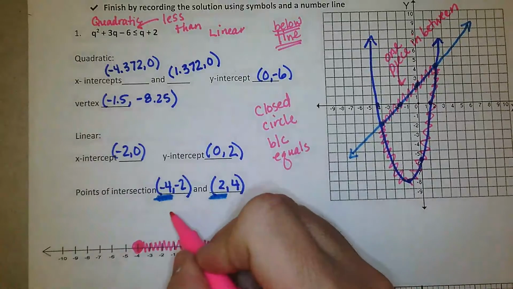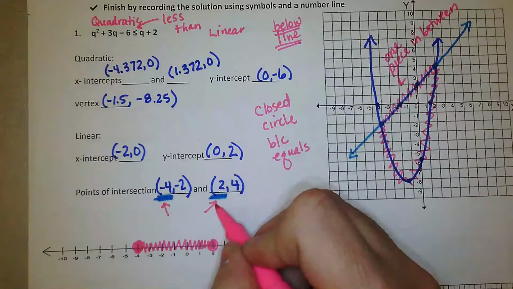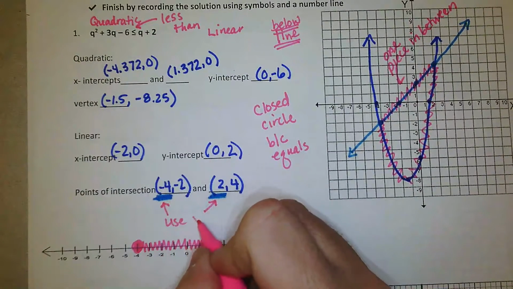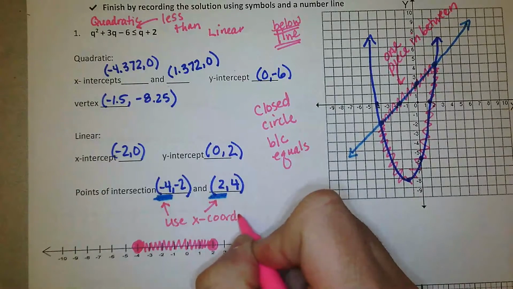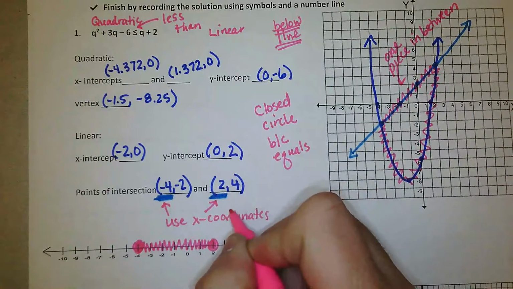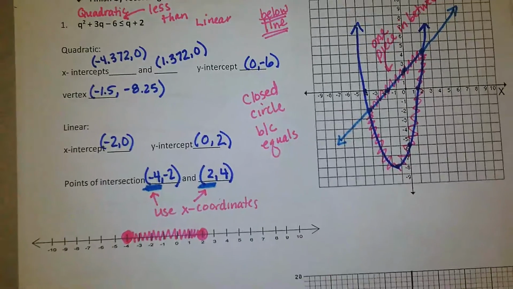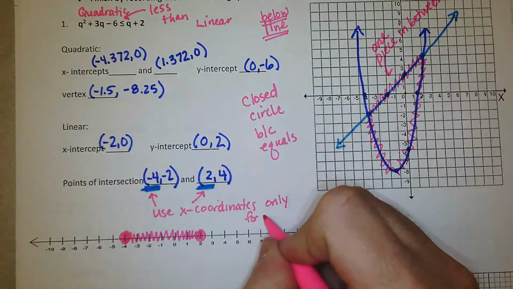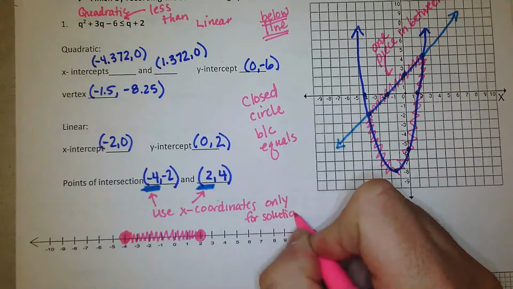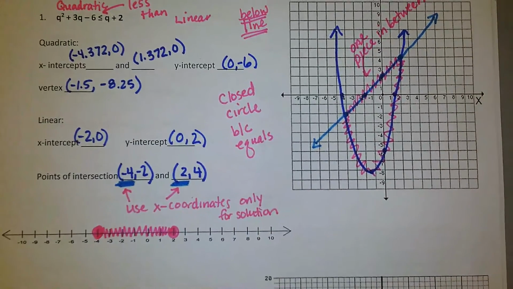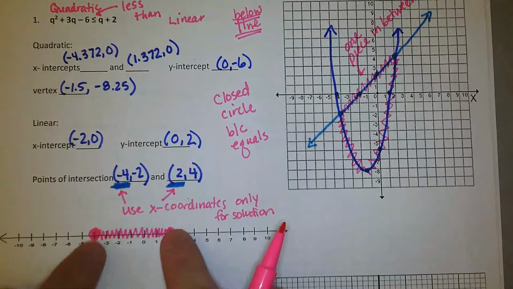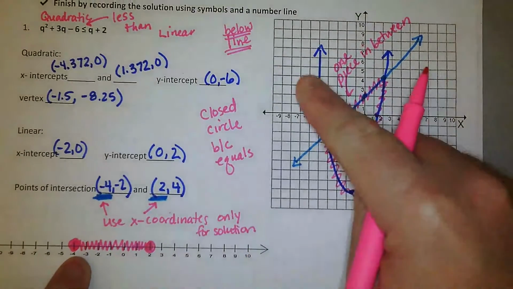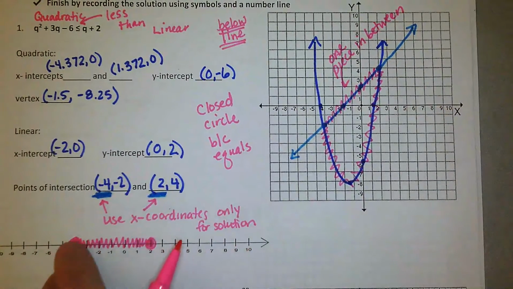Again, we're only using the x coordinates of our points of intersection. Now, once we have this, I know that I only used one piece. This is what it looks like when I have one piece.